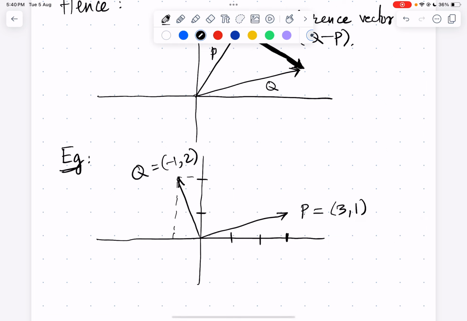So the difference vector Q minus P is that vector which when added to P gives Q. So it is this vector. This is the difference vector.